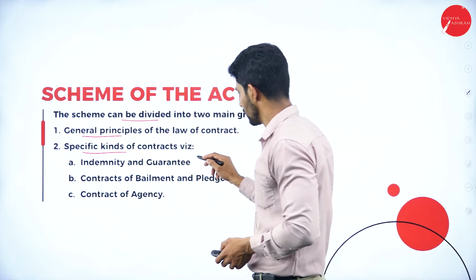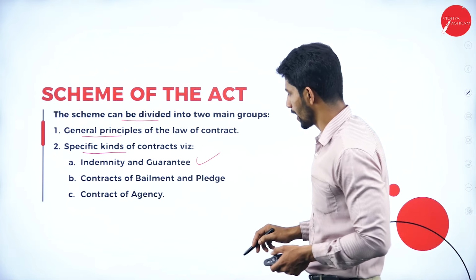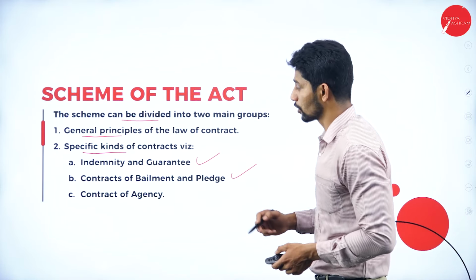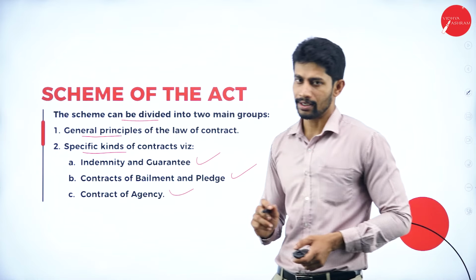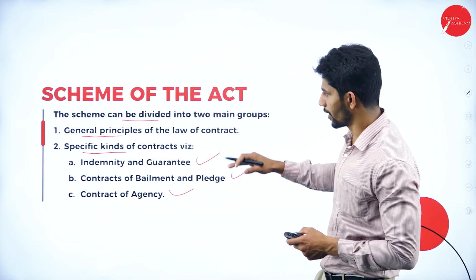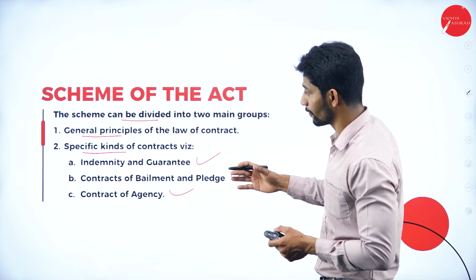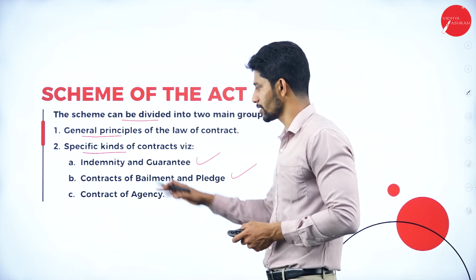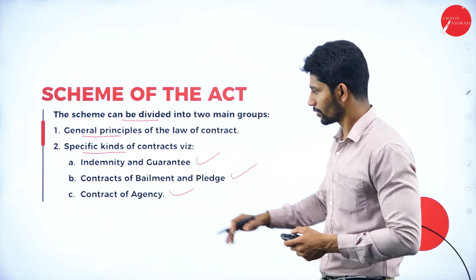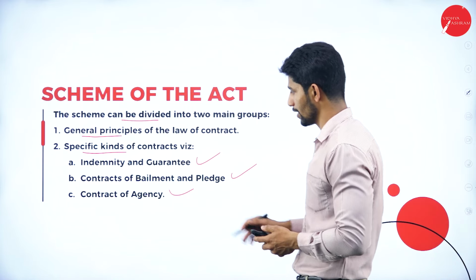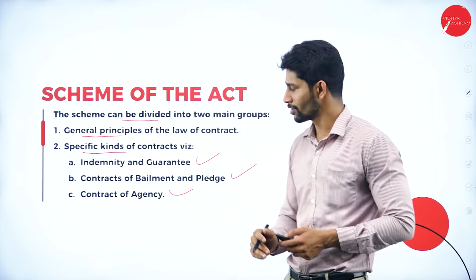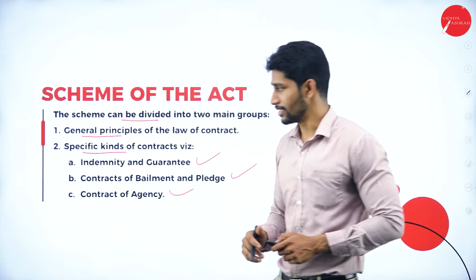Under that we have three: indemnity and guarantee, contracts of bailment and pledge, and contract of agency.